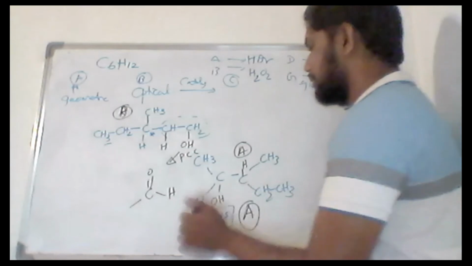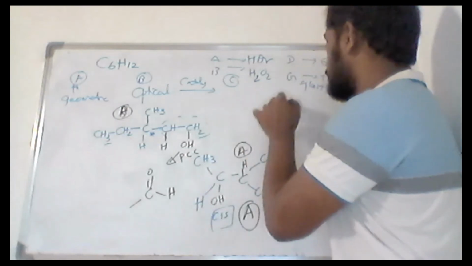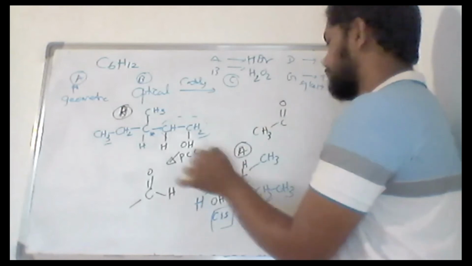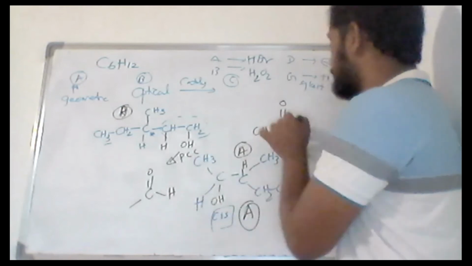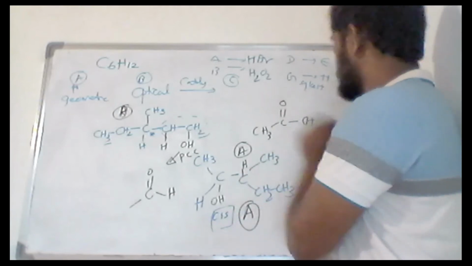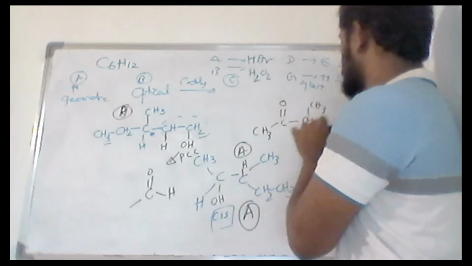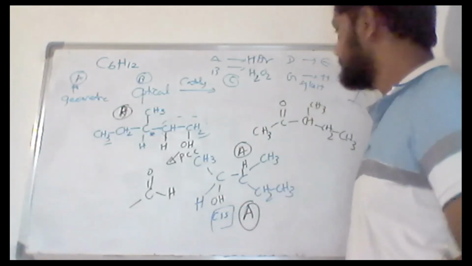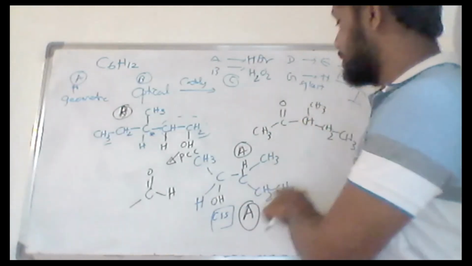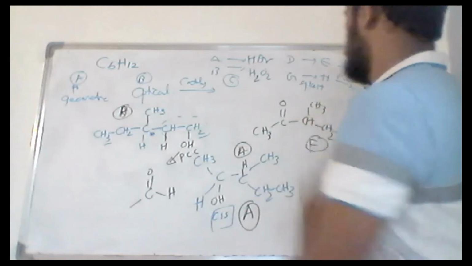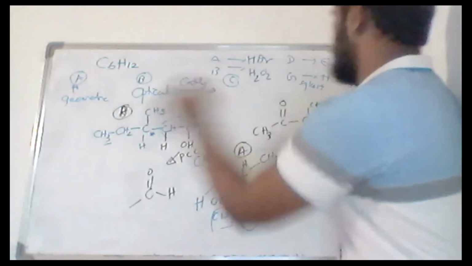And here, this will be converted to a ketone, which is this CH3 group. This will be a CO, and there is a CH2, CH3 substituent.